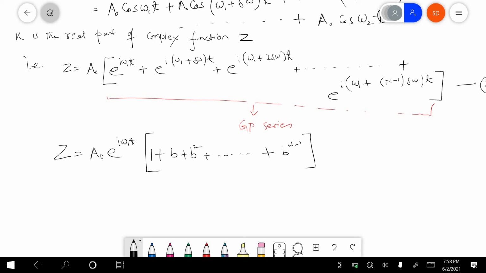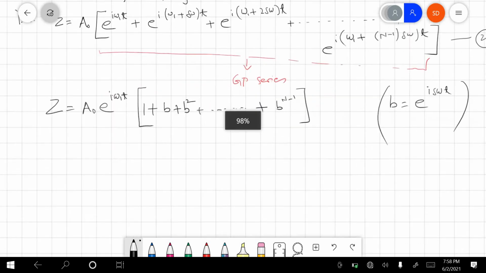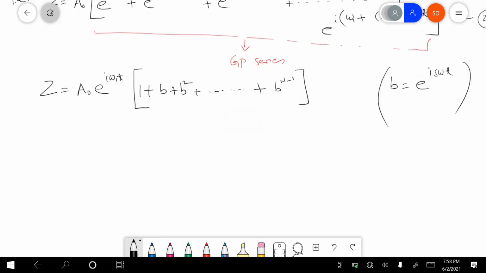Here I am taking b as e to the power i del omega t. So this is clearly in GP series.